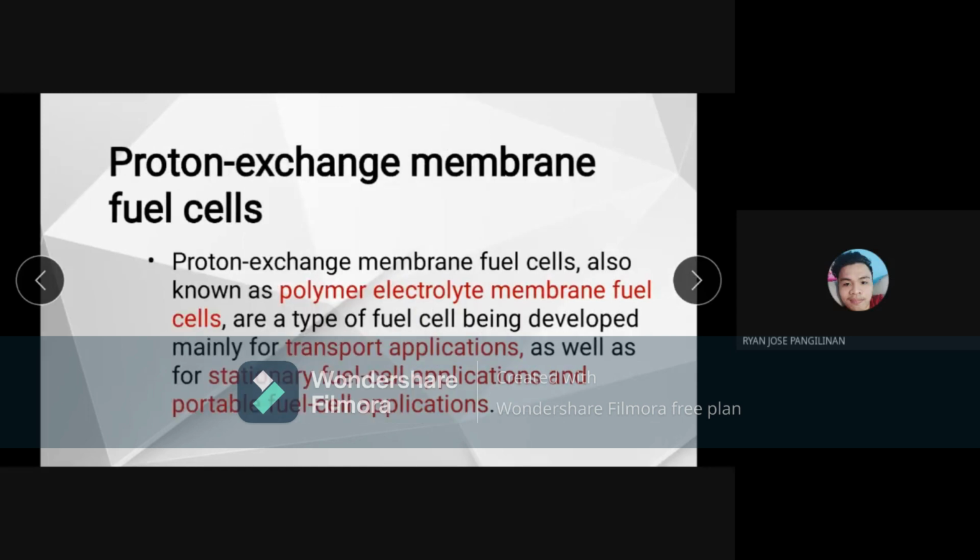The last one is the proton exchange membrane fuel cells.